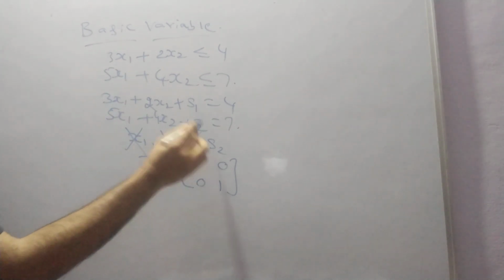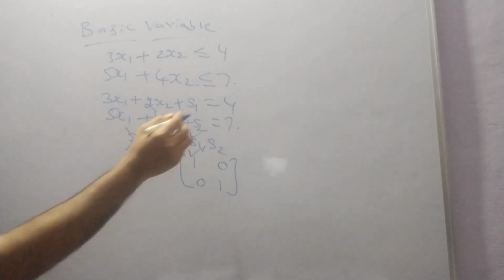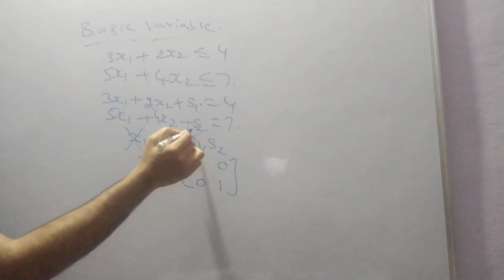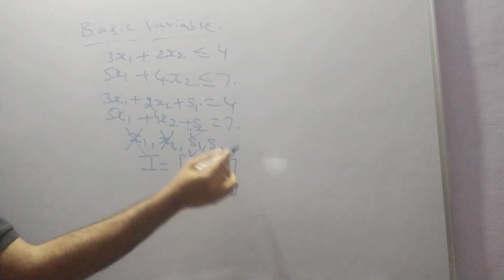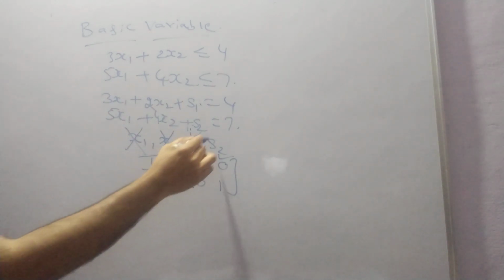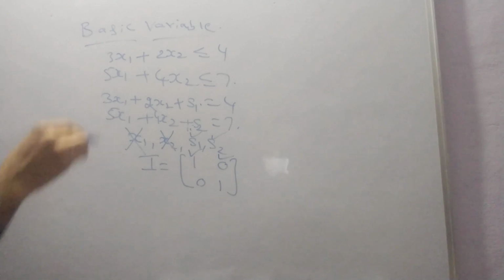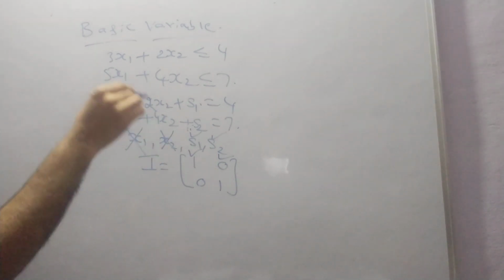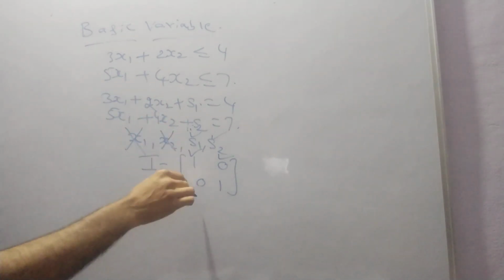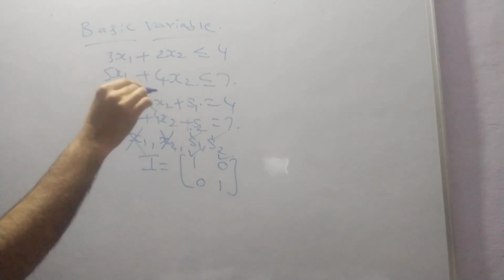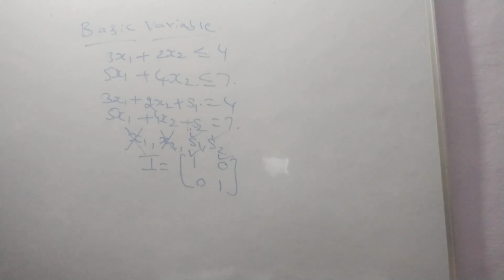Hence s1 is a basic variable. What about s2? It is not in the first equation, so 0, and here s2 is there, so 1. 0 and 1 satisfies the second column. So s2 is a basic variable. So the variables whose coefficients satisfy a column of the I matrix are known as basic variables, right?